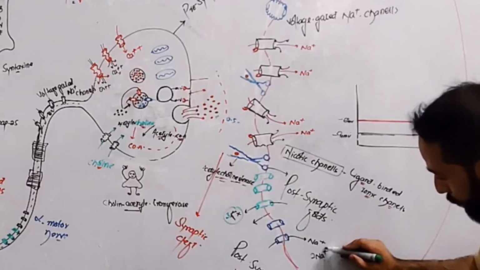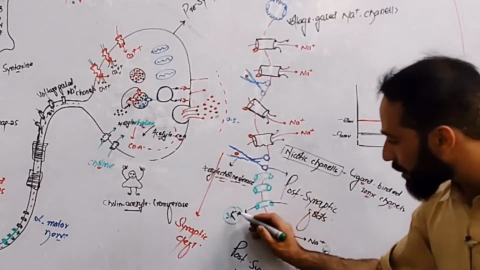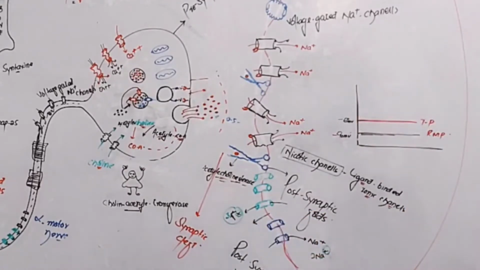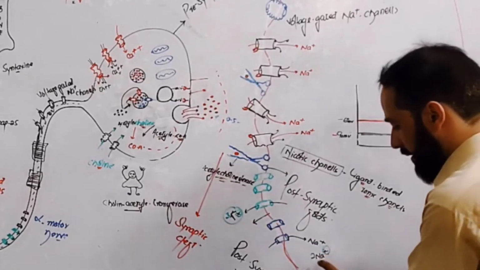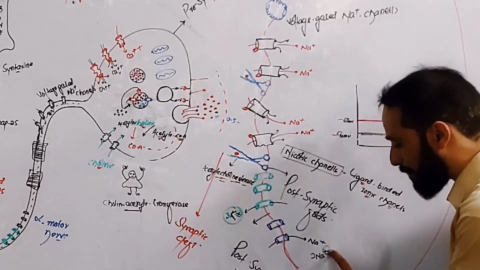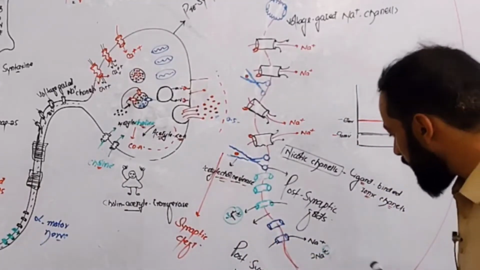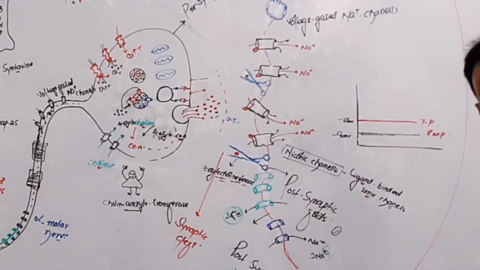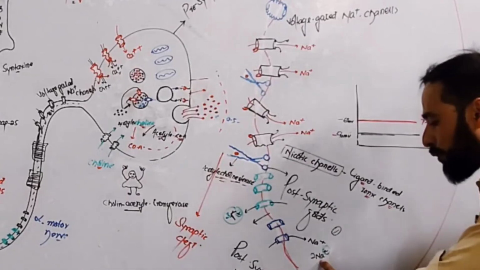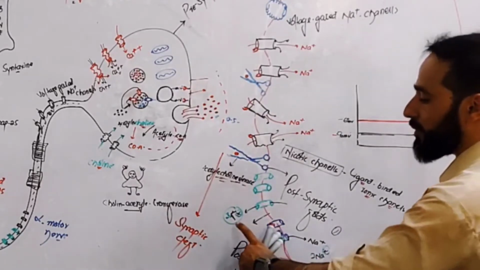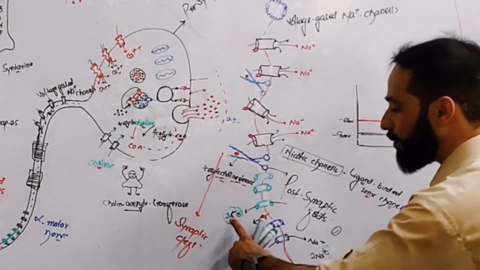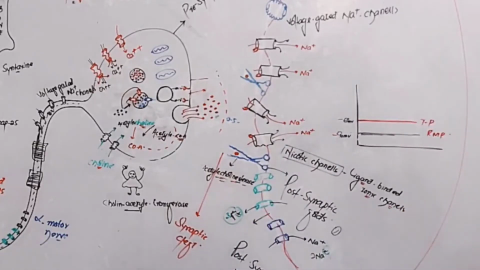When 2 plus charges come, 3 plus charges are leaving. So in return for 2 plus charges, 3 plus charges are gone out. So there is 1 negative. If you have 2 rupees with you and you bought something for 3 rupees, you are 1 rupee short. So this is 1 negative.